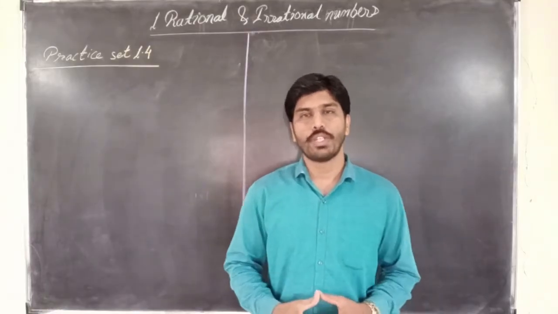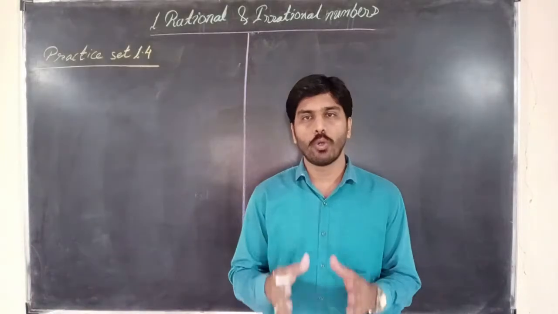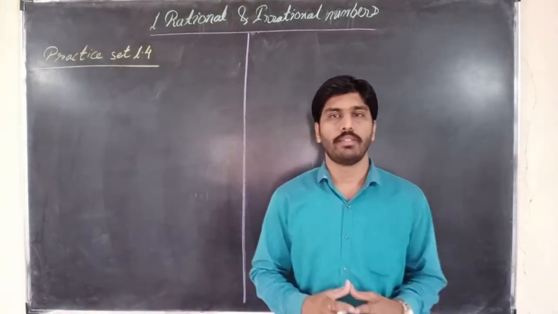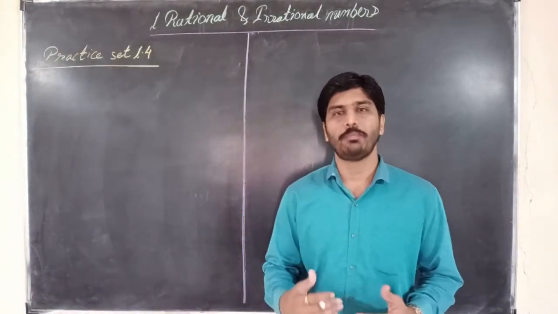In this lecture, we are going to study how to show square root of 2 and square root of 3 on real numbers line. But before that, we will revise Pythagoras.